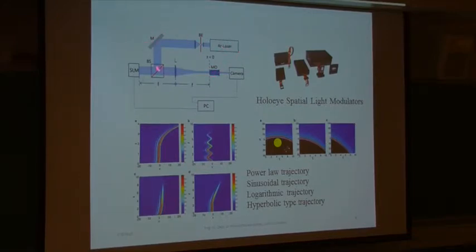The incoming light goes through a beam splitter and gets reflected, because this is a reflection SLM. You apply a cubic phase modulation from 0 all the way to 8 pi or 10 pi, and then at the focal plane you have the Airy beam. Depending on the modulation, you can get different kinds of shapes.